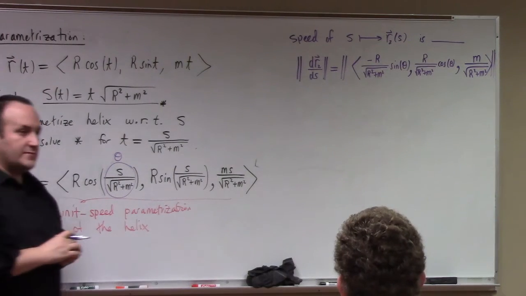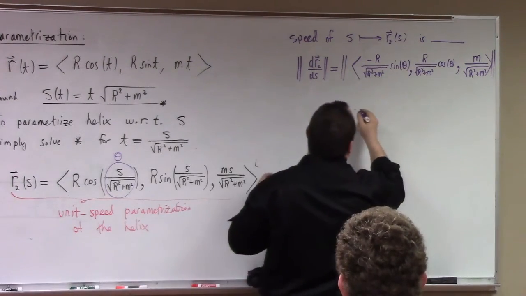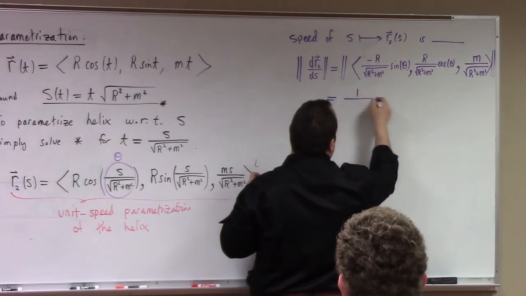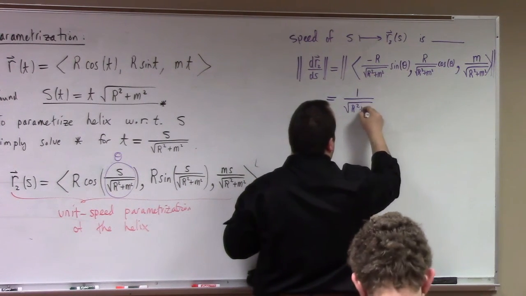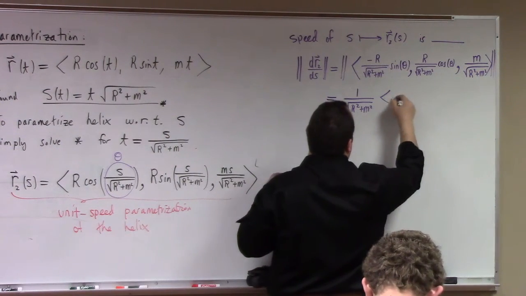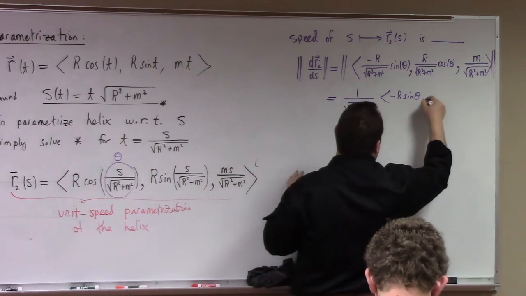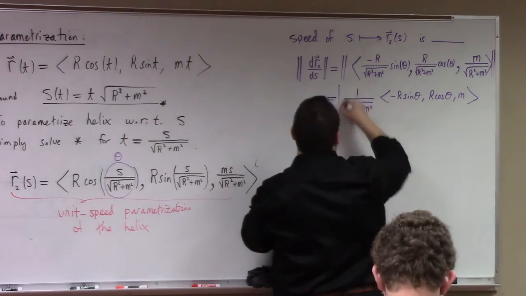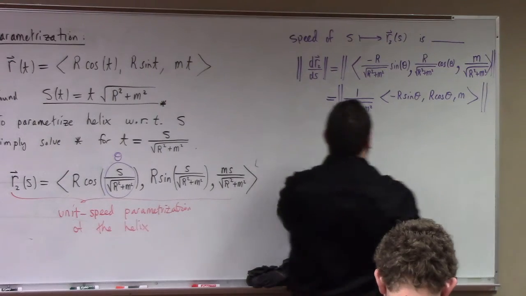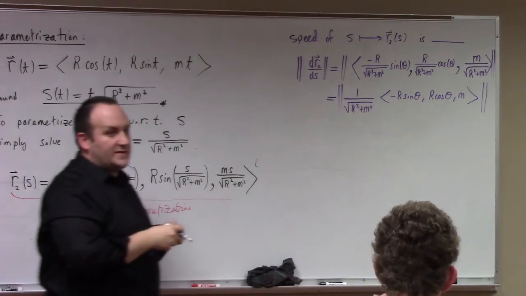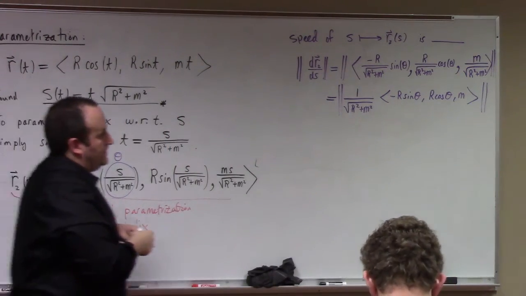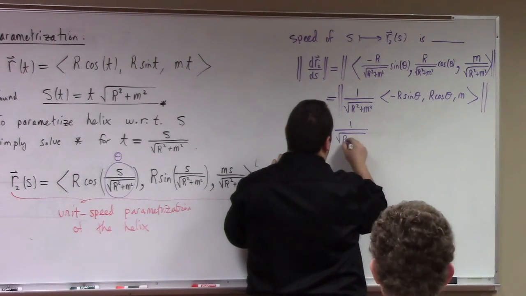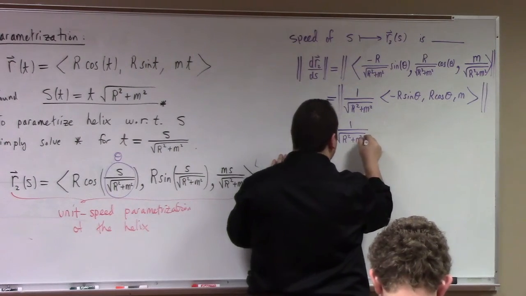Can you simplify that vector? What is this vector? Look, there's a common factor, 1 over the square root of r squared plus m squared, right? This is a positive constant, so we can pull it outside the vector length function, right? And what's the length of the vector that I'm about to underline in red?